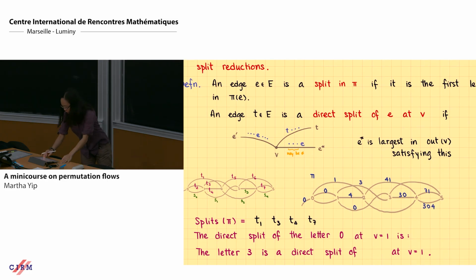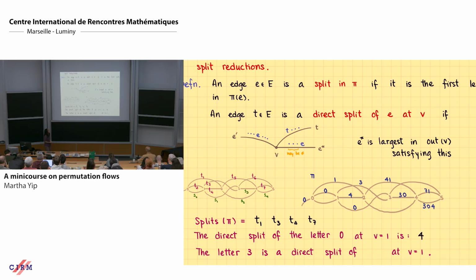What about the direct split of the letter 0 at the vertex V1? In this case, 4 immediately follows E. 4 follows 0, so the direct split of 0 at V1 is 4.